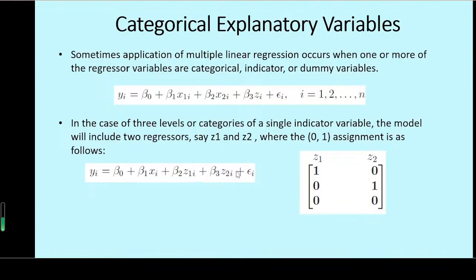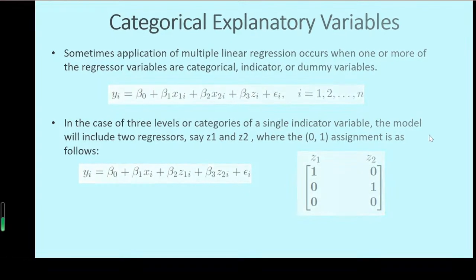And for the second category, we will put z2 with 1. So one category only appears in one dummy variable. The second variable will be 0. And the third category will have 0 for both variables. So we look at an example.